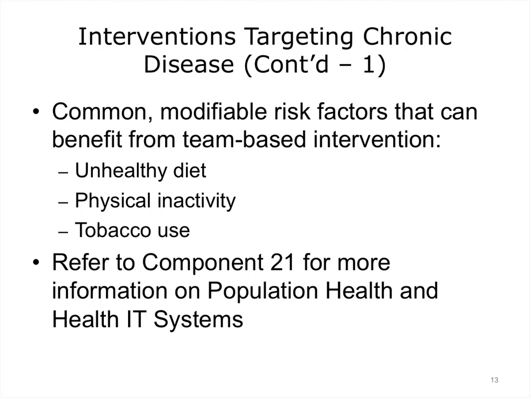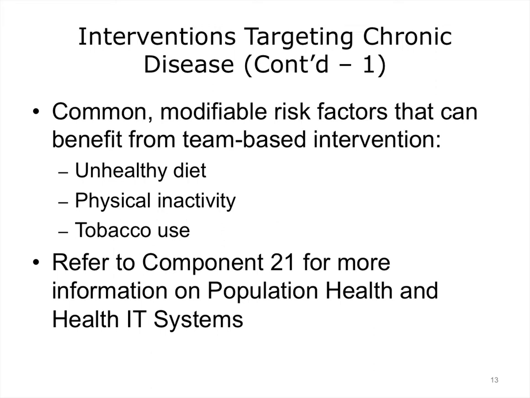However, at all ages, the vast majority of chronic disease deaths in men and women can be explained by the following common modifiable risk factors that can benefit from team-based intervention: unhealthy diet, physical inactivity, and tobacco.